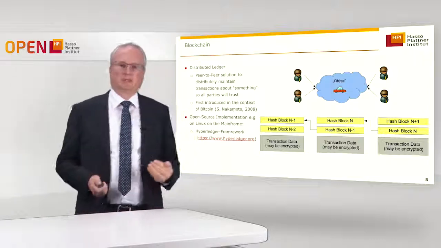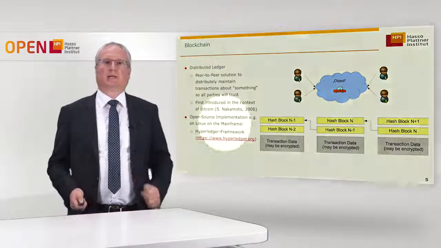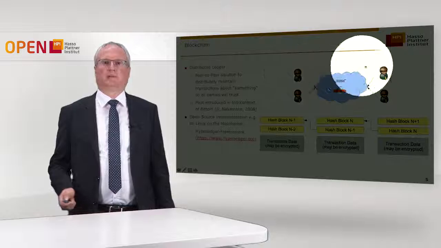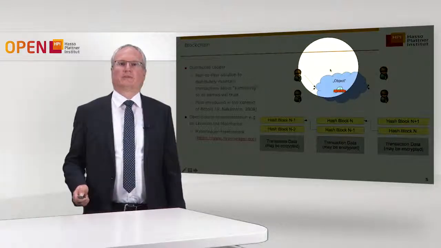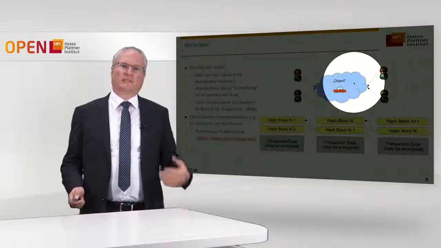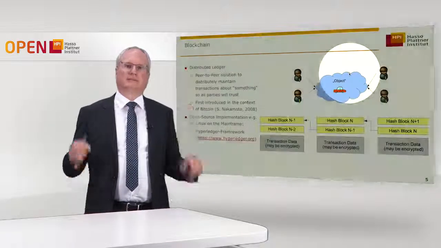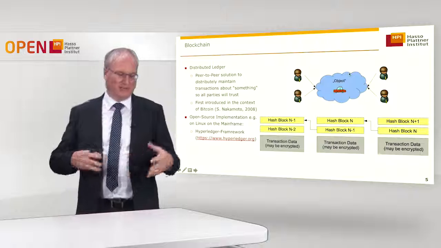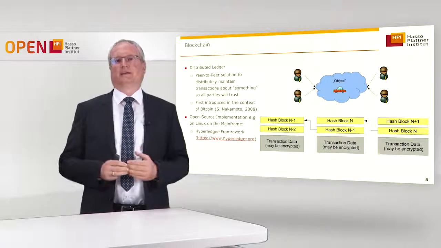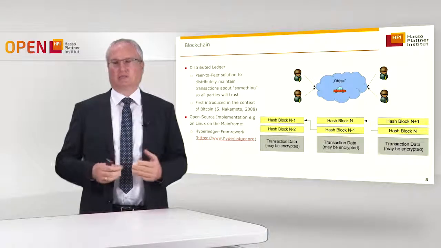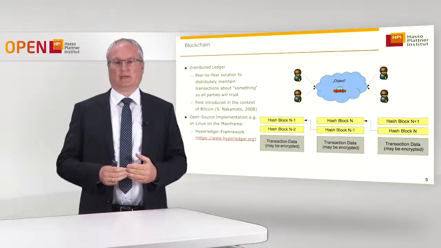Basically, blockchain is an interesting thing always when you have different independent parties that have to have a common understanding and that trust a central concept or object that all parties have to access, that all parties have to modify, and that these modifications have to be trusted by all parties.